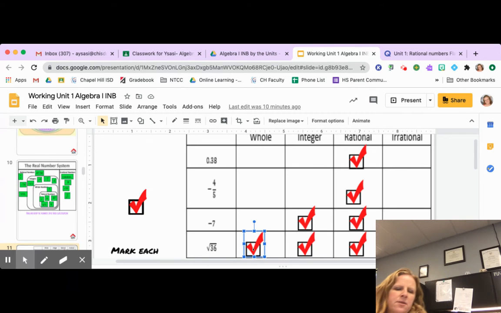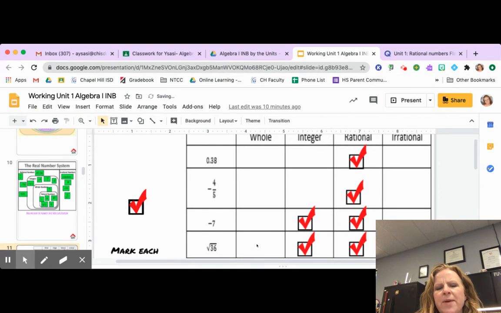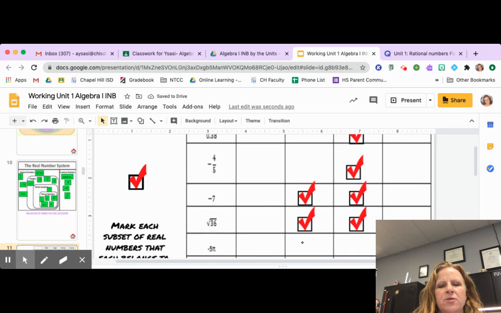So I'm kind of wondering only one of these answers, because to get 36, you can do 6 times 6 or -6 times -6. So it's integer and rational, and then sometimes it's a whole. I'm actually going to take that off because it's really only integer and rational.